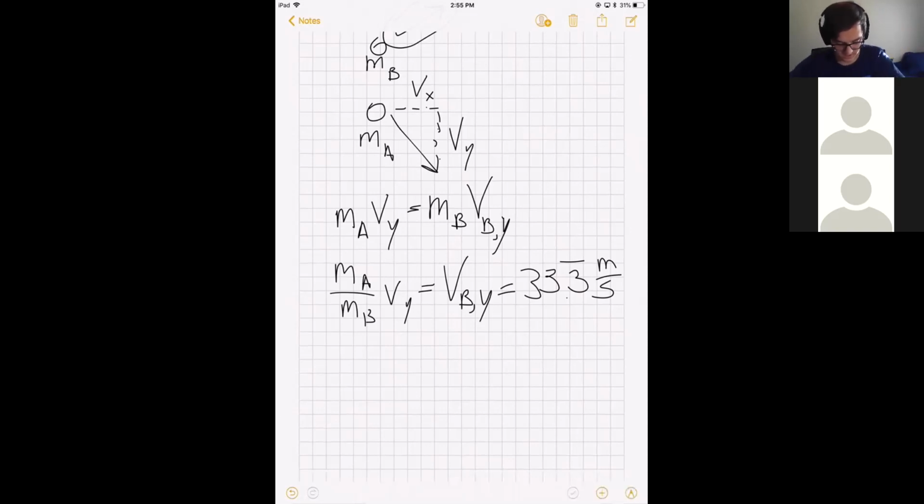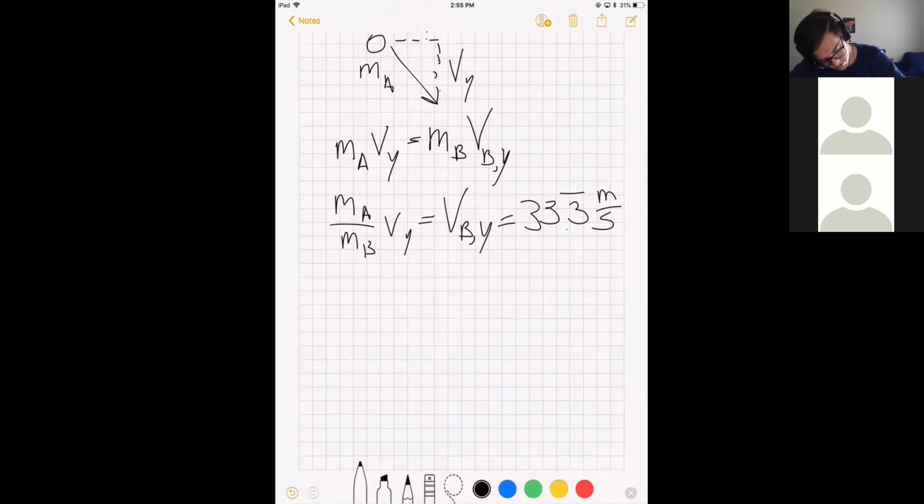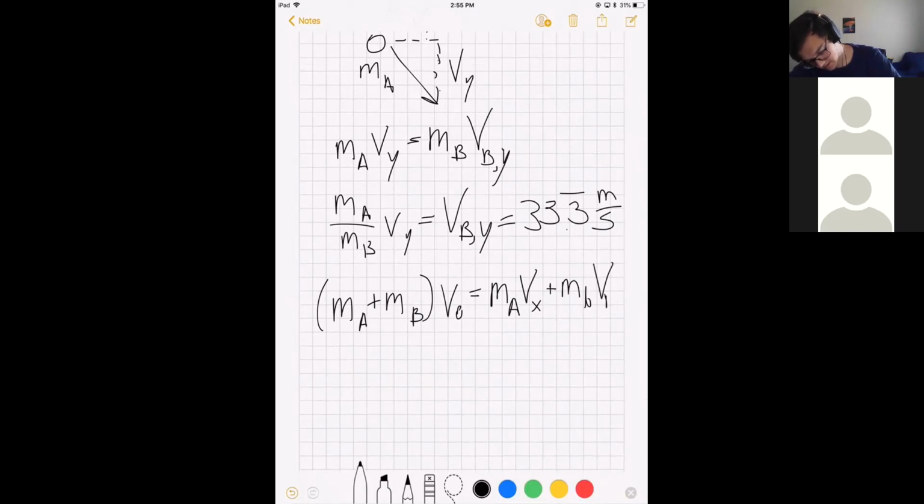So our equation is going to turn into Ma plus Mb times V naught is equal to Ma Vx plus Mb times the velocity we're trying to solve for, so we'll call that Vbx.